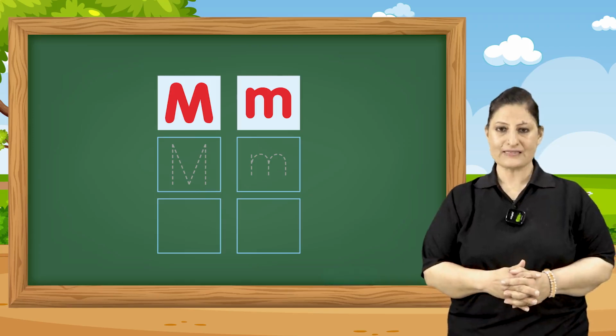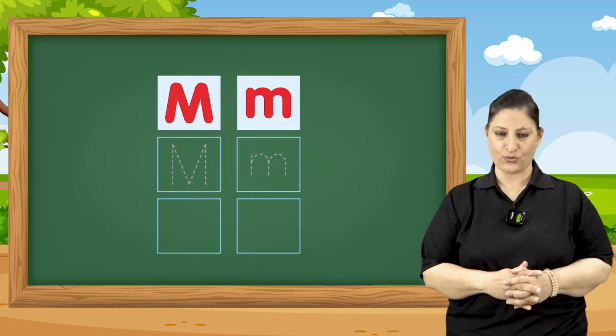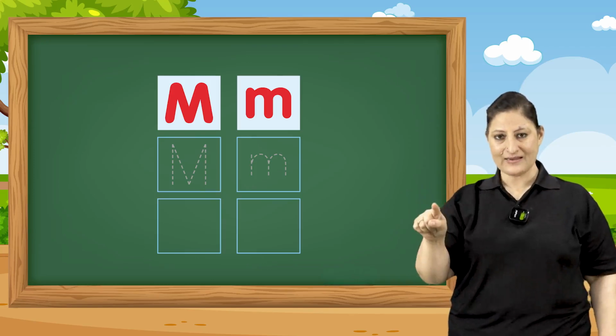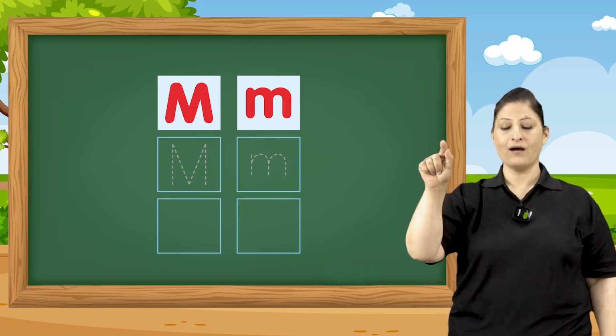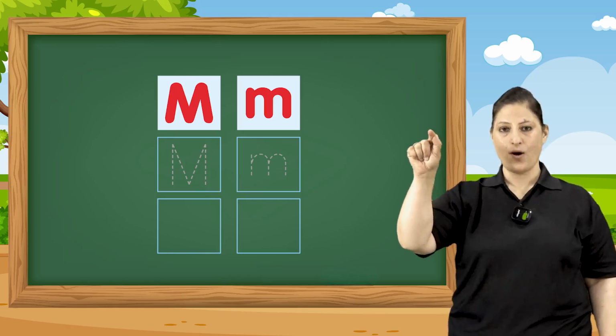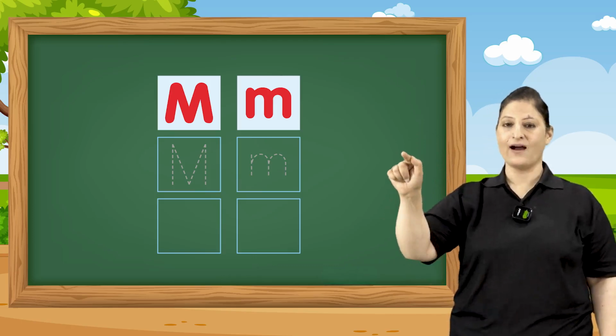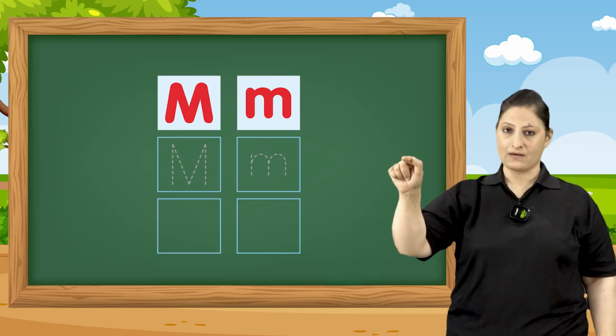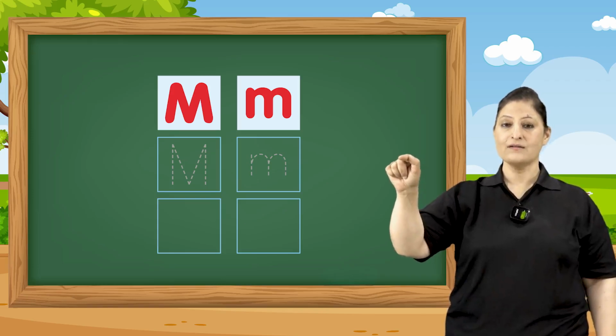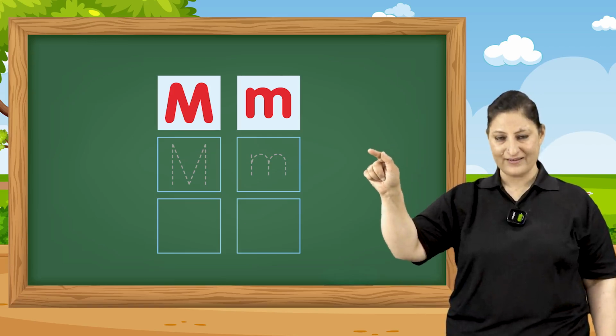Similarly, for writing lowercase m, children, you have to make one standing line from just a little down from the top. Make one curve, bring it down with the standing line. Then again, make a curve from the top of the standing line.